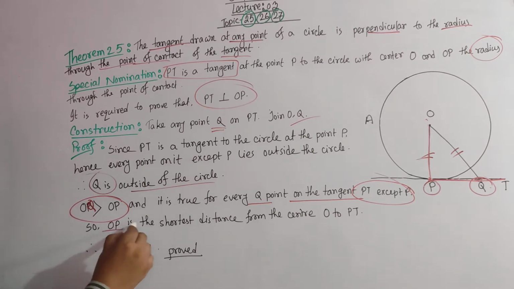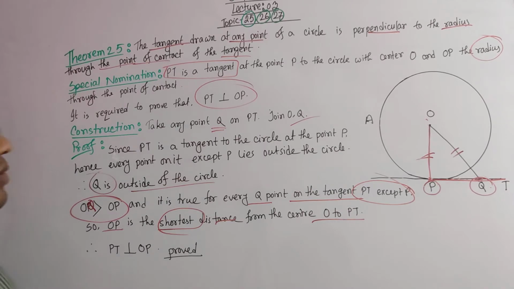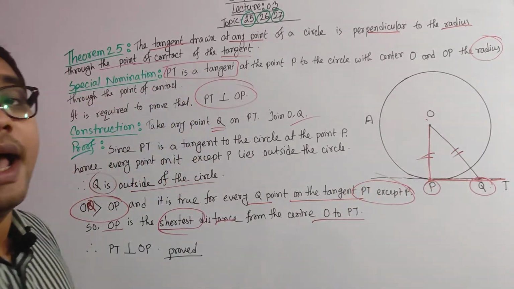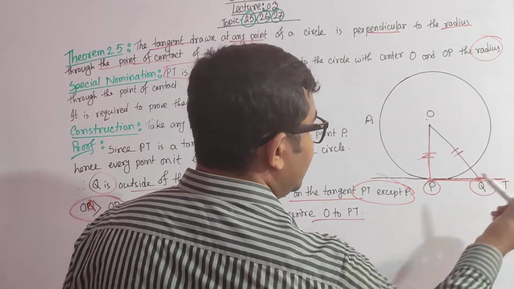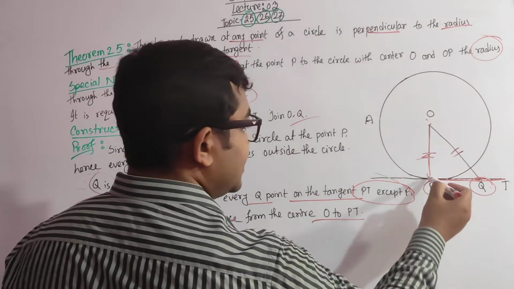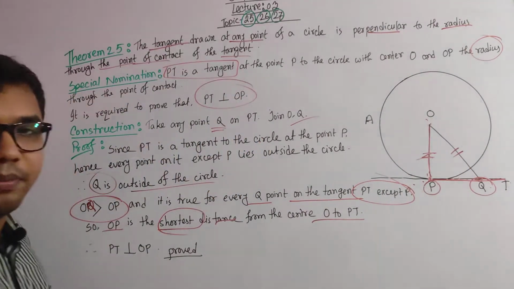So OP is the shortest distance from the center to PT, and since OP is the shortest distance, we can say OP is perpendicular to PT.